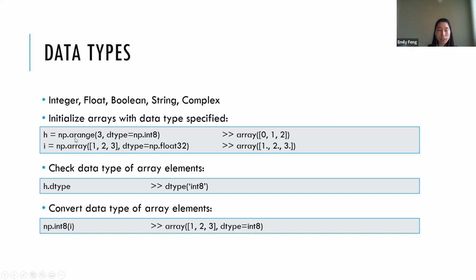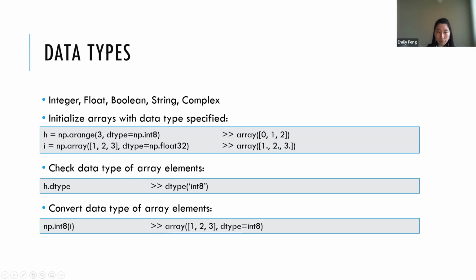When you initialize or create an array, you can specify what type of data you want, especially between integer and float, because sometimes when you initialize it, it will recognize it as an integer instead of float, but you want it to be a float.